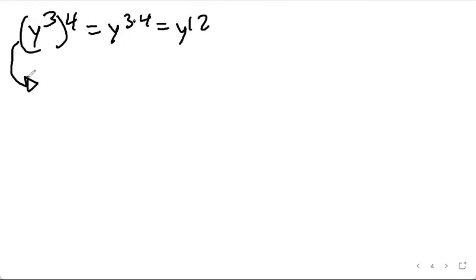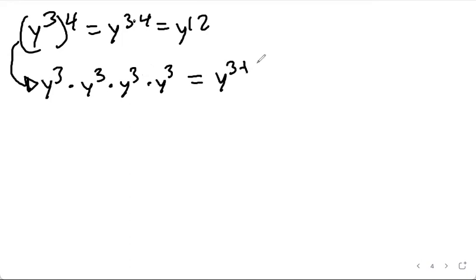Why does this work? Well, if y cubed is being raised to the fourth power, then that means we have 4 y cubes, and they're all being multiplied, right? So how do we do this math? Well, we can add the exponents, and then you have 3 plus 3 plus 3 plus 3. But notice that's the same thing as just 3 times 4.